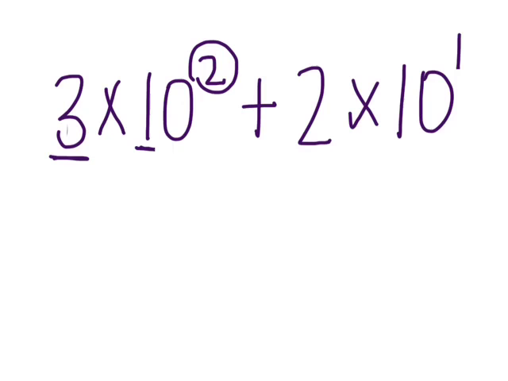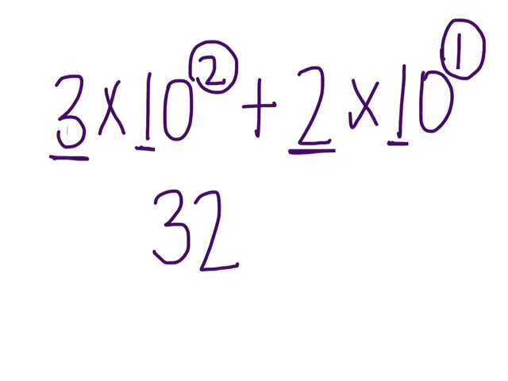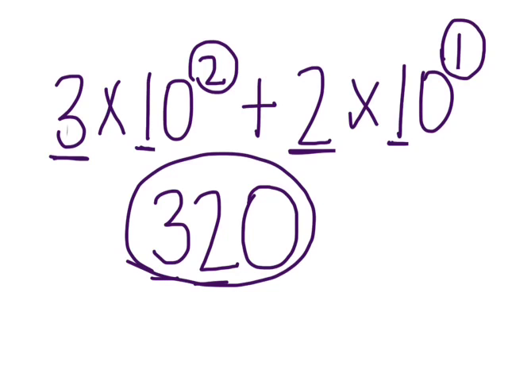Well, that's 100. So I have a 3 in the hundreds place. Now I'm not going to write anything else because I have another number over here. I have a 2. This one is going to be a 1 with 1 zero, which is a 10. So that means I have a 2 times 10 is a 20. So that means I have a 2 in the tens place. And then I have to put a 0 to make it be hundreds and tens. So my answer would be 320.